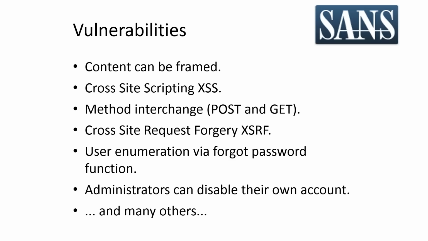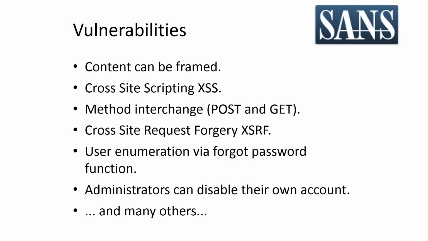The method interchange was interesting because the application allowed transactions to be done as POST and expected most transactions to be done as a POST, where the headers and the content are separate, and most people believe that, for whatever reason, a POST is more secure because all of the parameters are passed as payload.